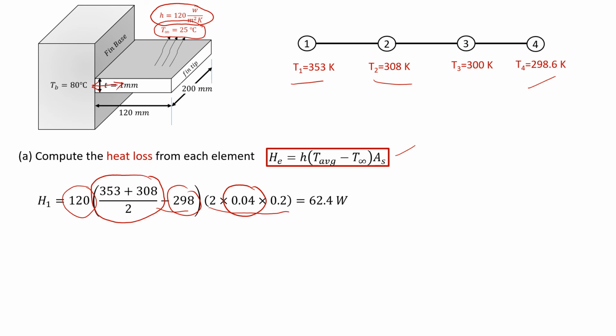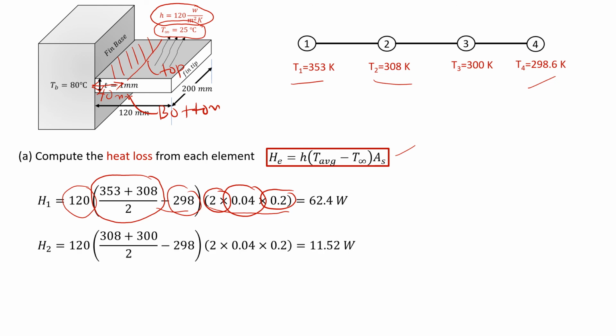The length will be 40 millimeter and the width will be 200 millimeter, which is constant for all elements. That's why we have 0.04 multiplied with 0.2. And of course, we multiply by 2 in order to consider the top and the bottom surfaces of element 1 that are exposed to the same convection process.